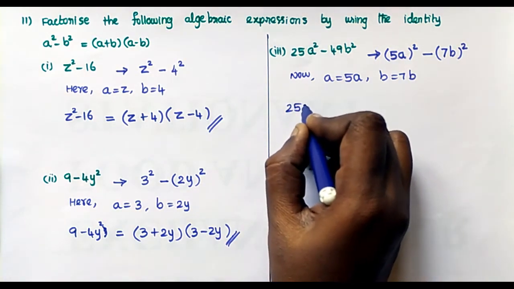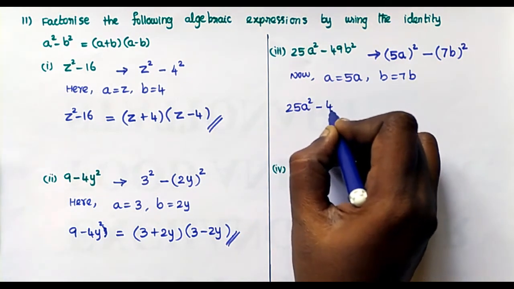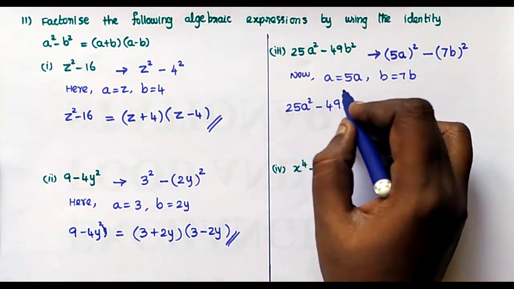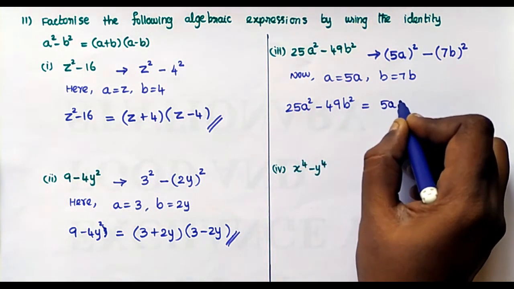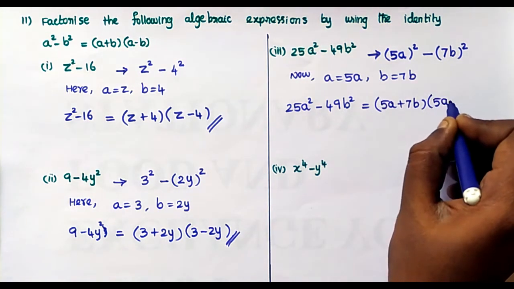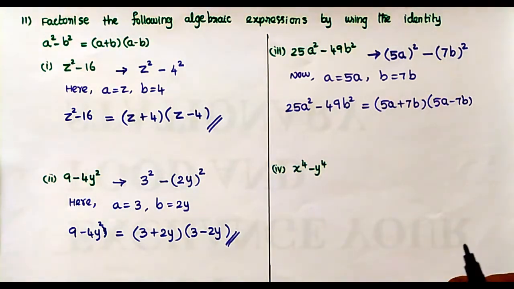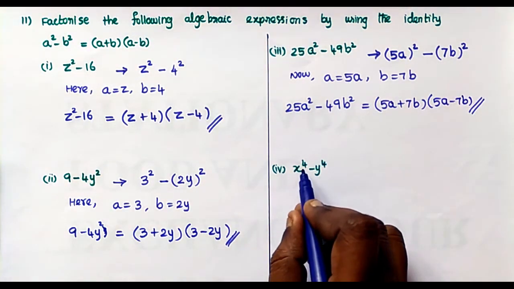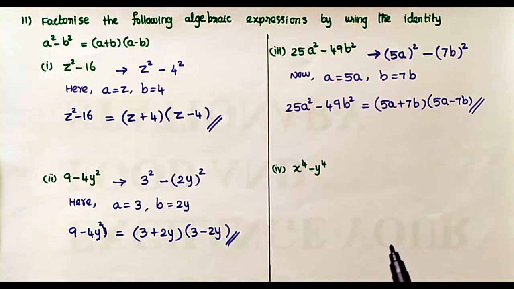So 25a squared minus 49b squared is equal to (a plus b) into (a minus b). That is (5a plus 7b) into (5a minus 7b). That is the answer. Next one, x power 4 minus y power 4.